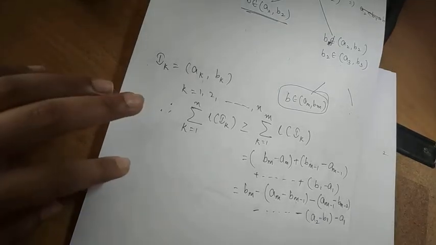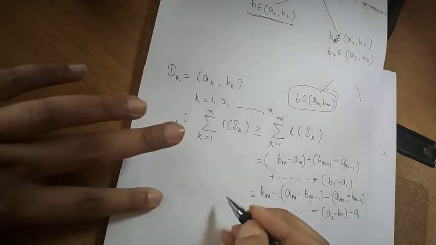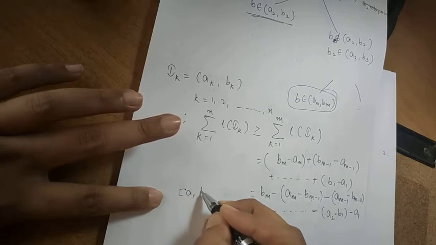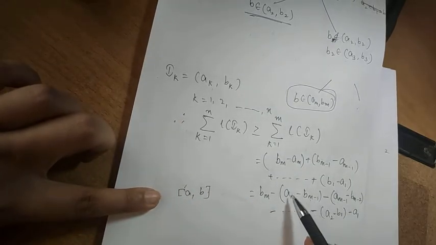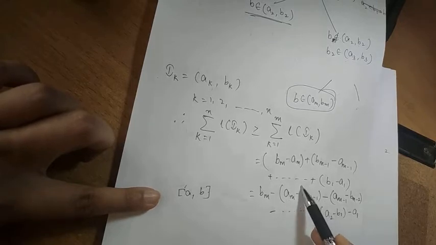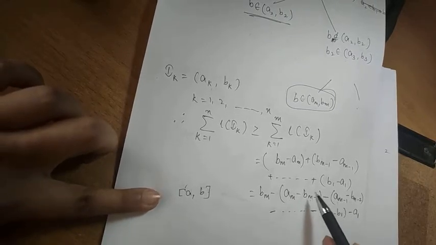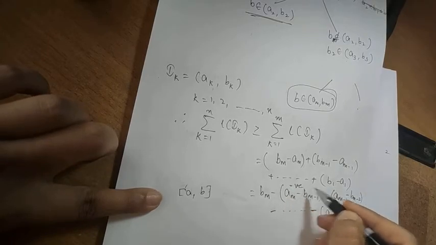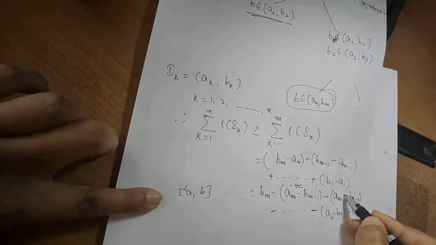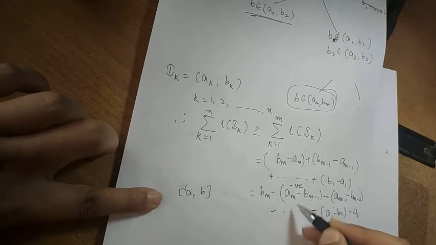The length of an interval is b minus a, but here the form is a minus b, so you get negative values. Minus into a negative value gives a positive quantity.